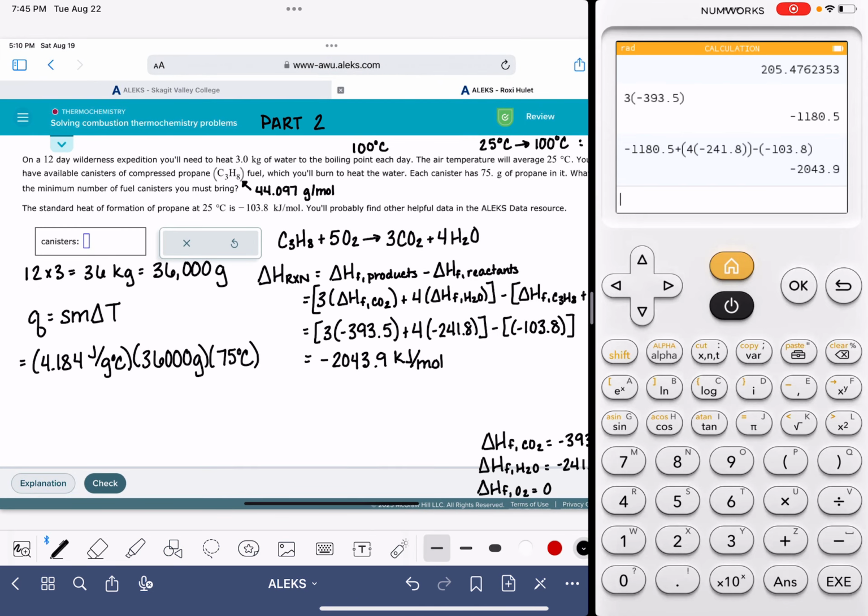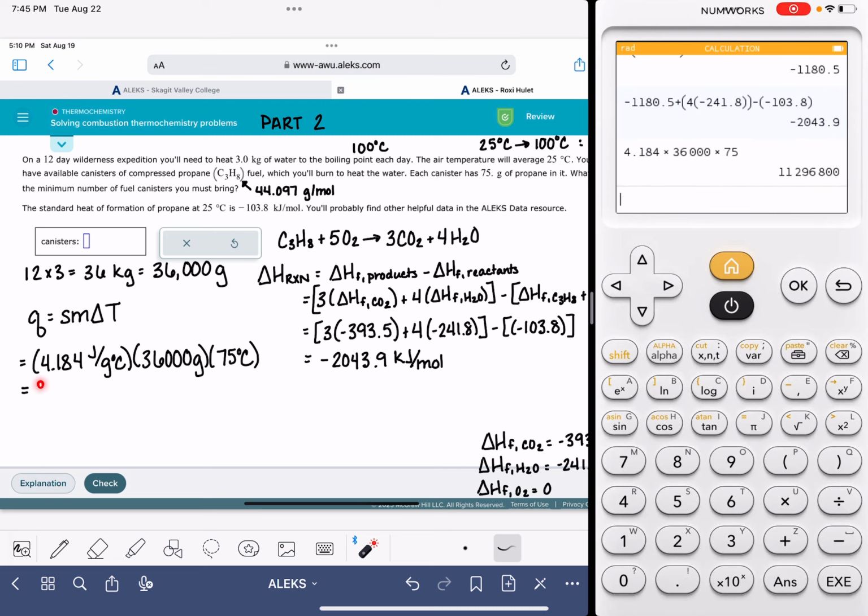So again, this is telling us the total amount of heat that we're going to need for all of this water. 4.184 times 36,000 times 75. We need 11,296,800 joules. Take a look at how our units are going to cancel out here. We're going to be left with units of joules. Now over here, when we did this enthalpy calculation, we were in units of kilojoules.